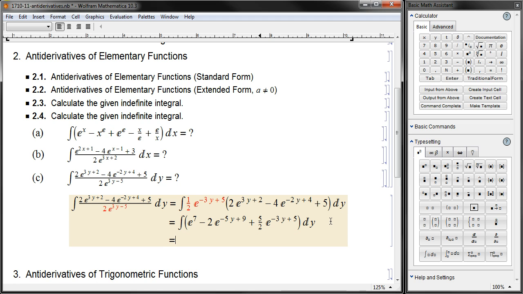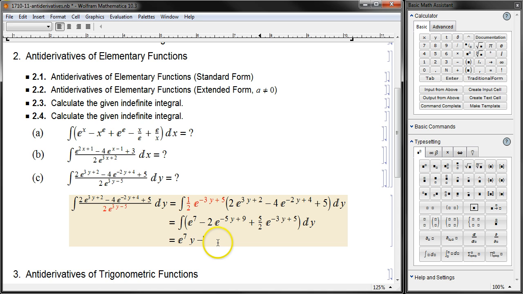Okay, let's go ahead with the antiderivative computation now. e to the 7th power, what's the antiderivative? Oops. And then what? This is constant. So we have e to the 7th power times y.